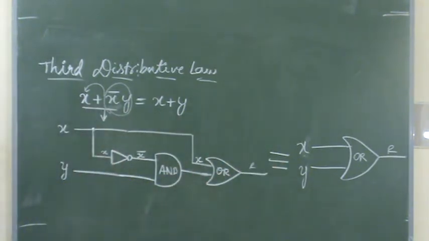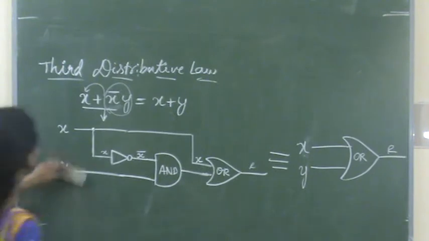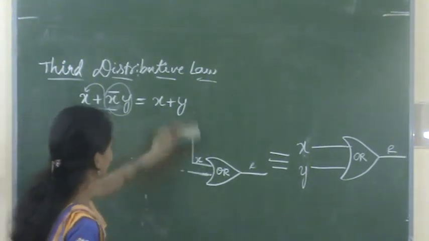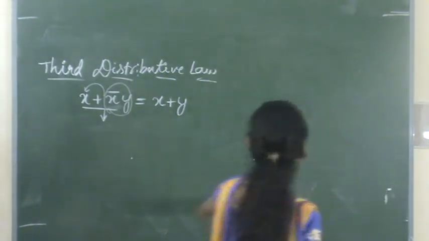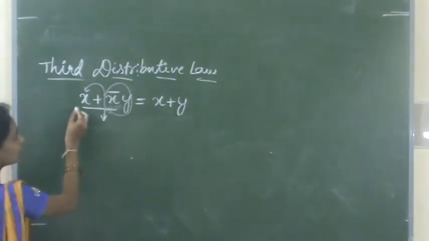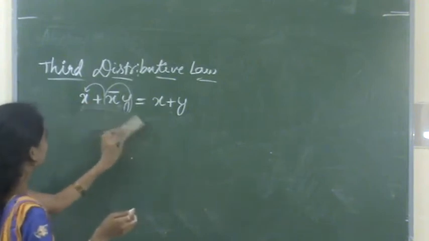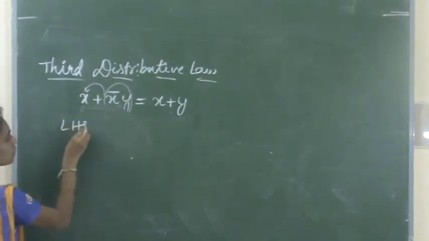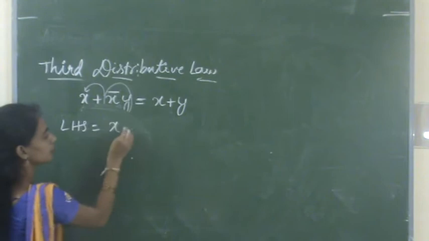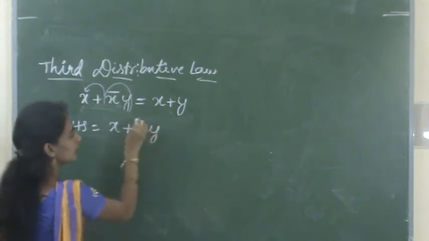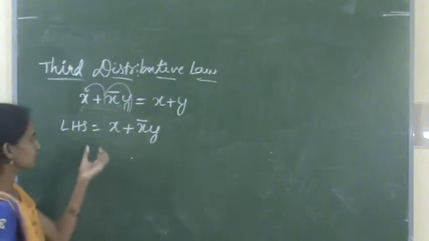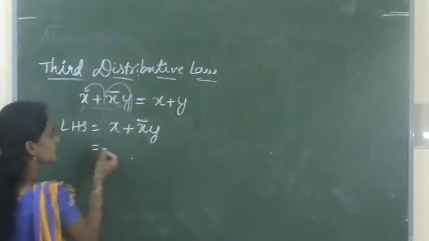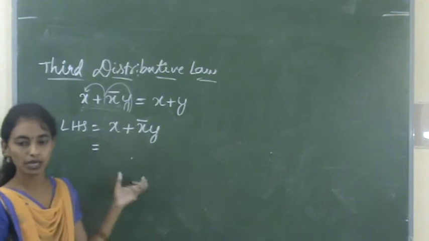So let me prove this equation. Okay. Now take only this LHS part. LHS is equal to x plus x bar y, right? So as we did in the previous, we are applying the distributive law here.